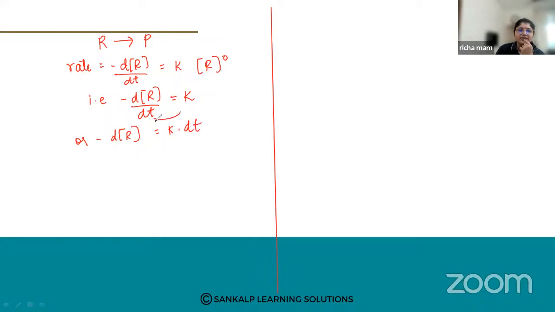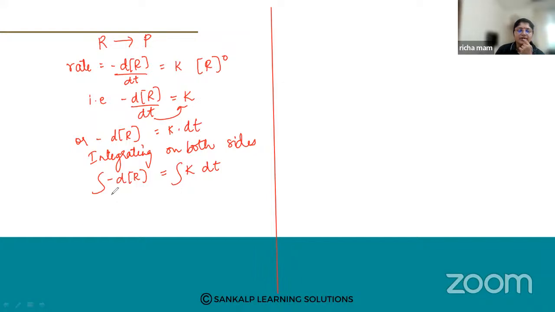So I'm shifting this here. What is the next step? Integrating on both sides. Integration of minus dR is equal to integration of k dt.